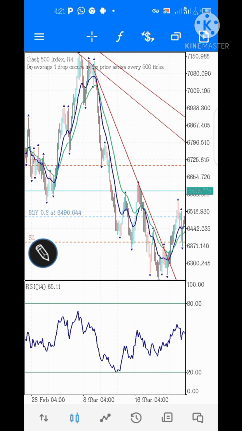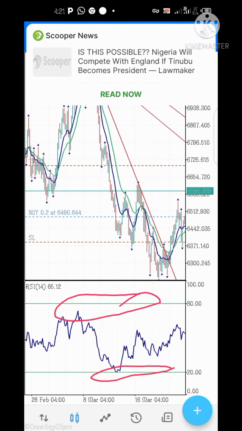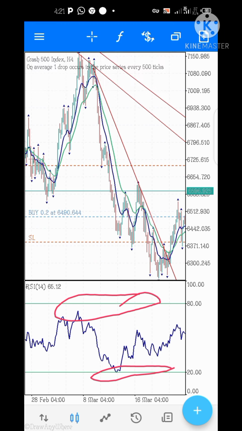So this line 80 is overbought and this line 20 is oversold. I use this relative strength index to know the strength of the market. I will explain some other things and how to use it later, not now. I'm just summarizing what I explained in the other video.